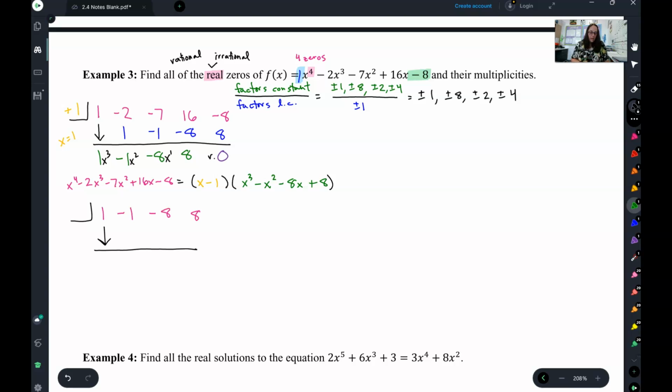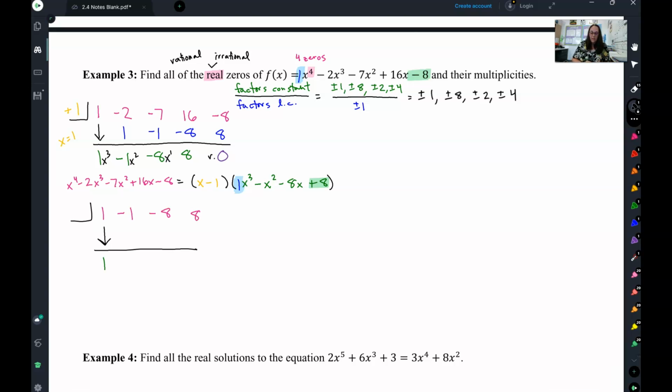Now, be really careful here. You do need to come up with a new list of possibilities. So we have the factors of our constant divided by the factors of our leading coefficient. And we will notice that this time it just so happens to work out that when we do the factors of the constant and the factors of the leading coefficient, we're going to get the same possibilities.